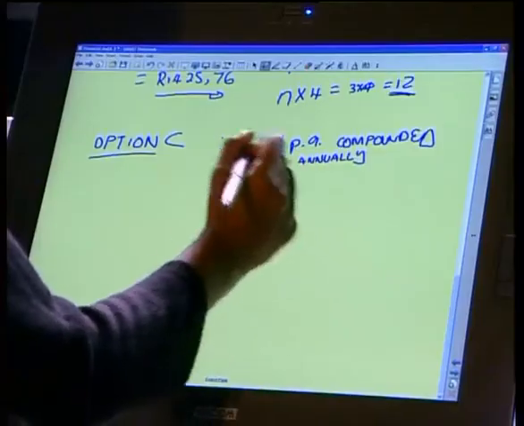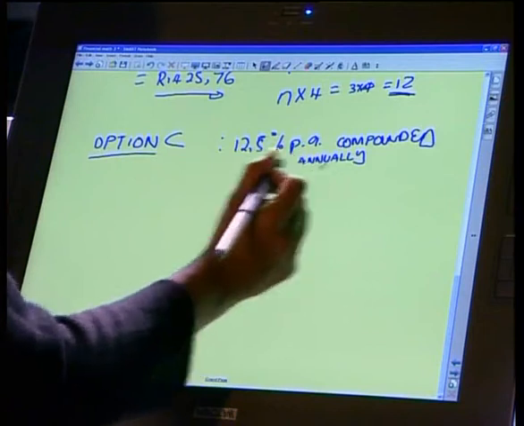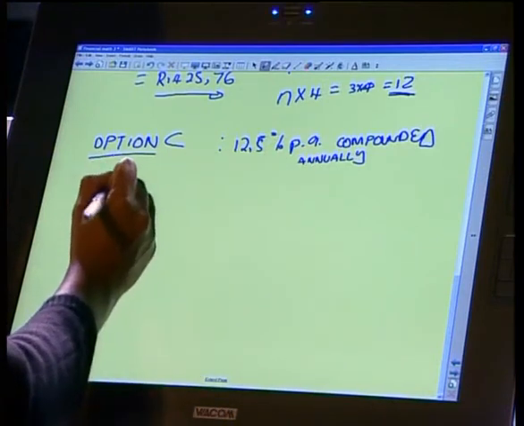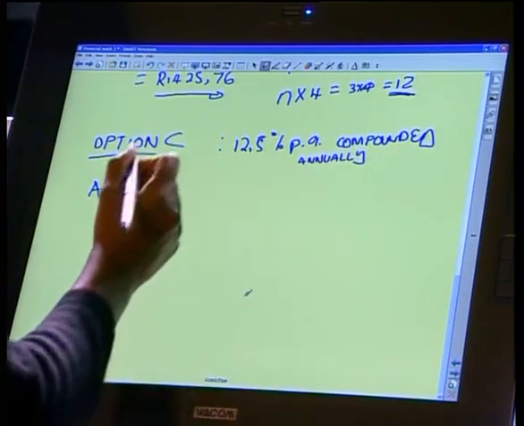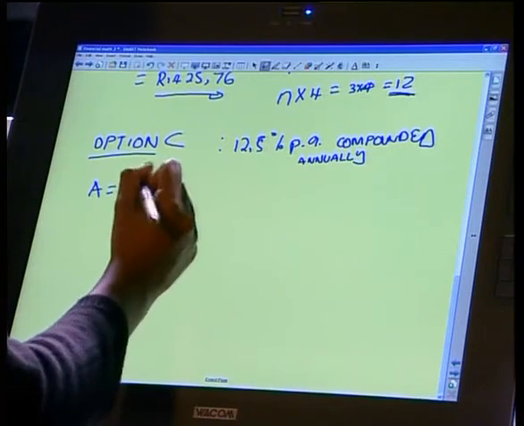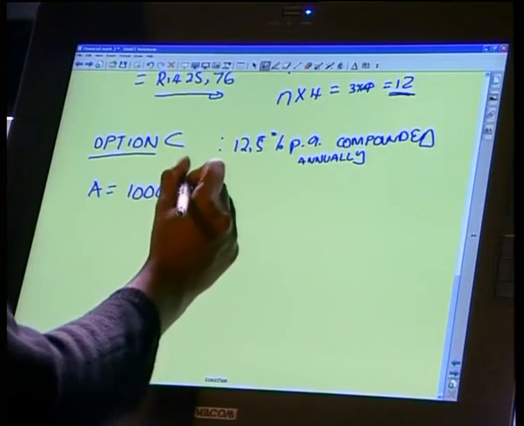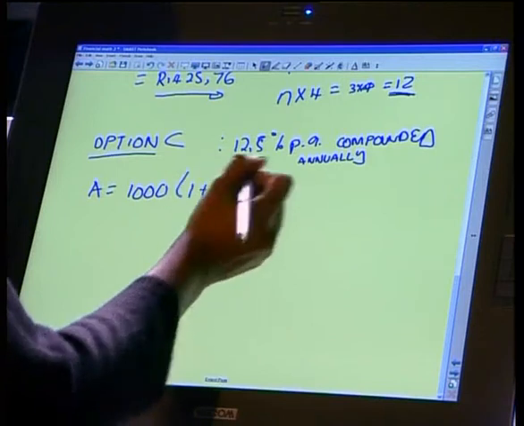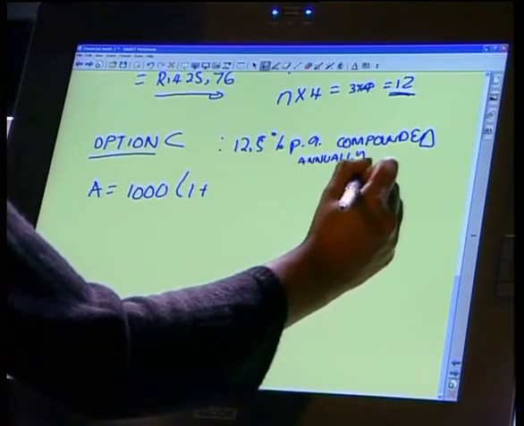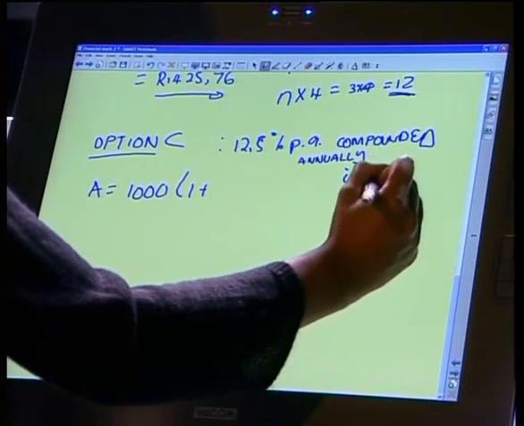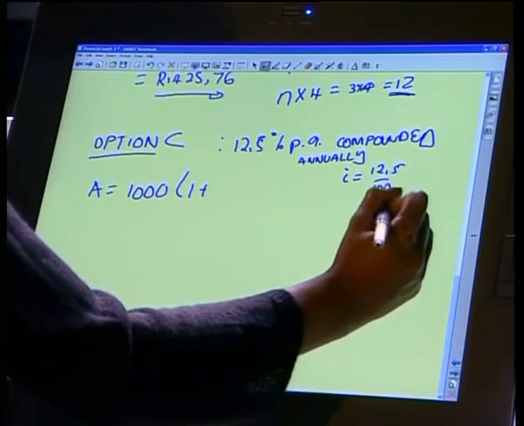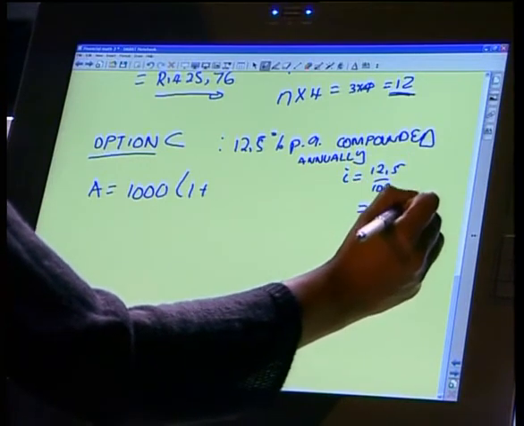Okay? So we don't have to make any changes to the formula because compounding is yearly. So we substitute straight into the formula. A is equal to 1,000 times 1 plus 12.5%, which is the same as 12.5 over 100, which is 0.125.